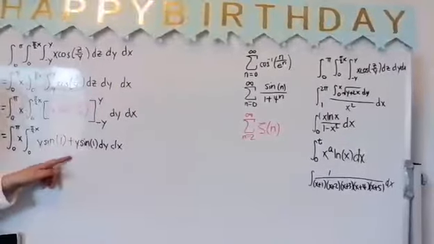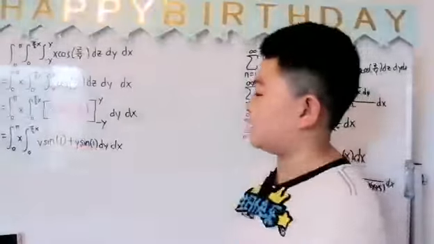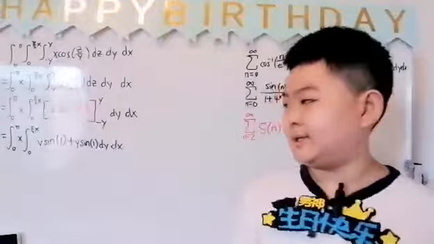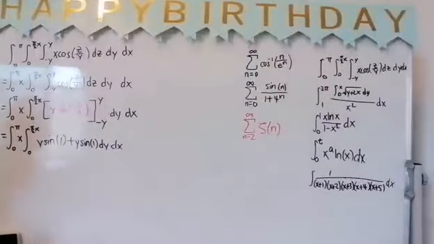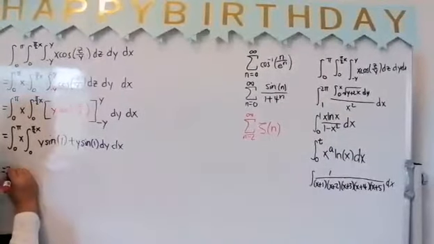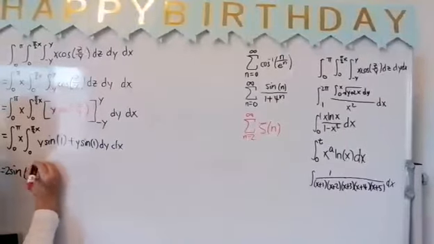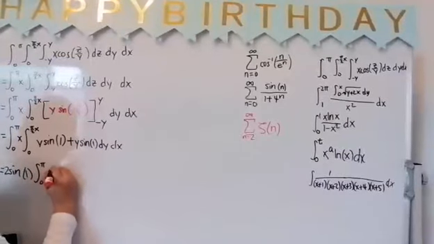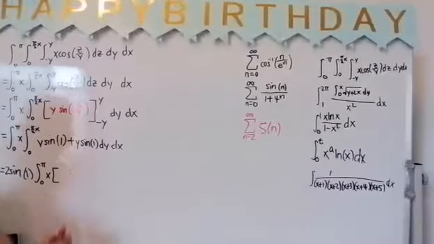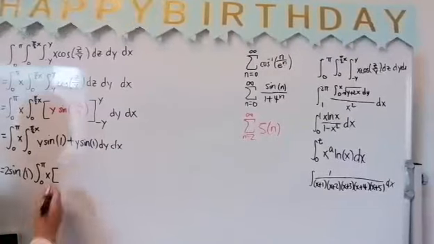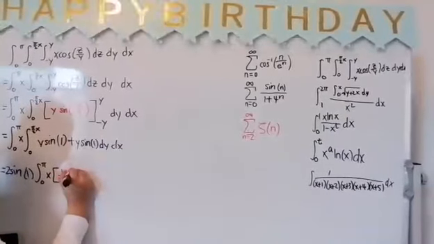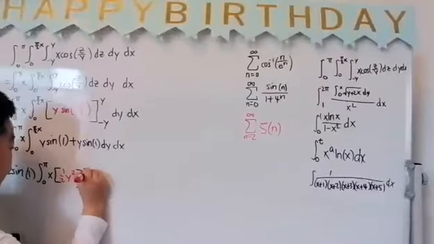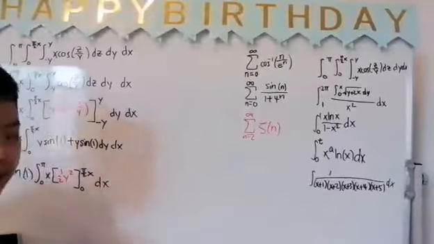And then this 2 times sine of 1, that's just a constant. We move that out. And then we're just going to integrate y. That's 1/2 y squared. So we have this equals 2 times the sine of 1 times the integral going from 0 to pi of x times 1/2 y squared, and then we go from 0 to pi over 2 times x dx right here.